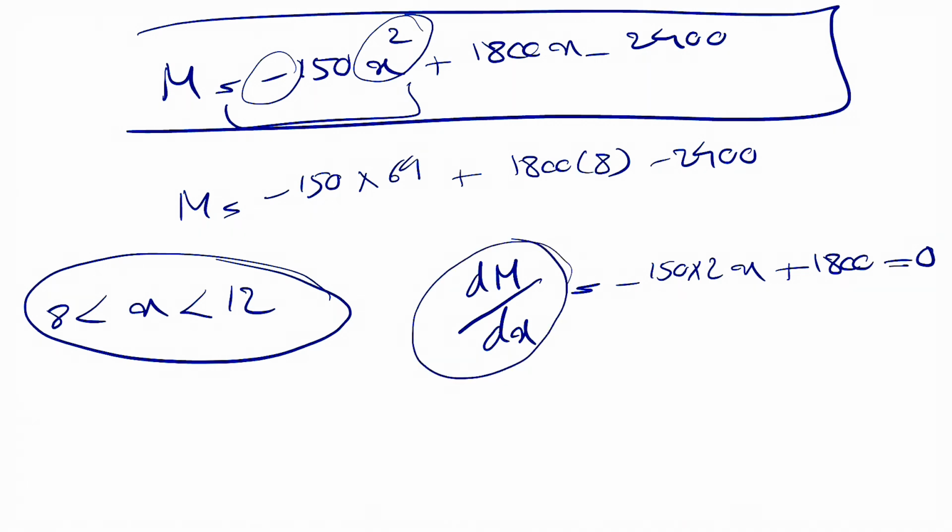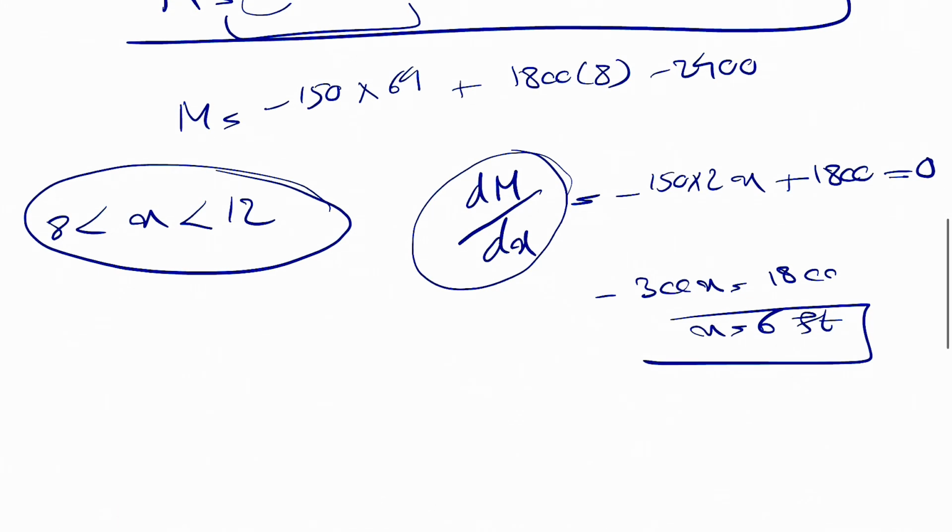And when we do this, usually we get the maximum or minimum, but because our parabola opens downward, we're going to get the maximum. That's why the question is asking for the maximum. So we're going to get minus 300x plus 1800 equal to 0, so our x would be 6 feet.